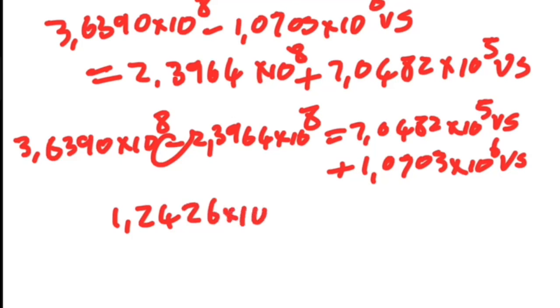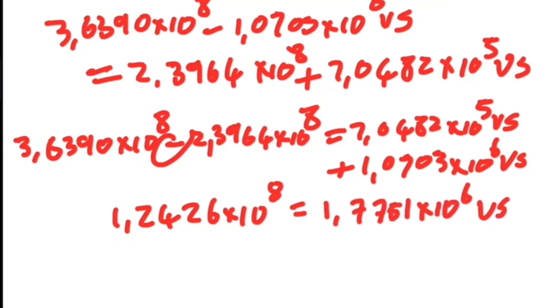1.2426 times 10 to the power 8 being equals to 7.0482 times 10 to the power 5 plus 1.0703 times 10 to the power 6. This is 1.7751 times 10 to the power 6 Vs. So I need to divide both sides by the coefficient of Vs. So 1.2426 times 10 to the power 8 divided by 1.7751 times 10 to the power 6.